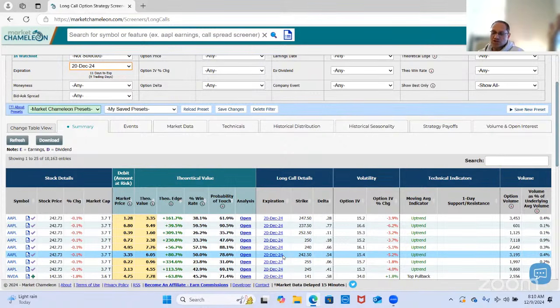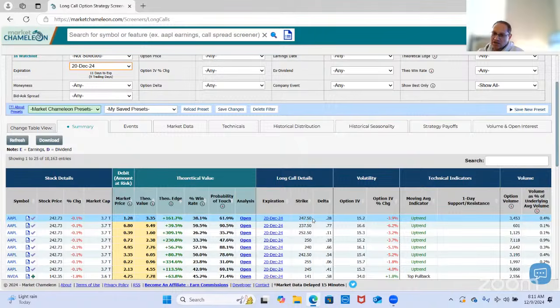It also has a strike, so the stock has to move to a certain point for this option to at least break even or to be profitable at expiration. So if you're buying a strike that's out of the money, well, the stock has to move above that strike, and it also has to cover the cost of whatever premium you paid for it to become profitable, right?